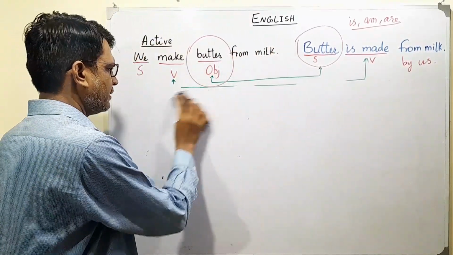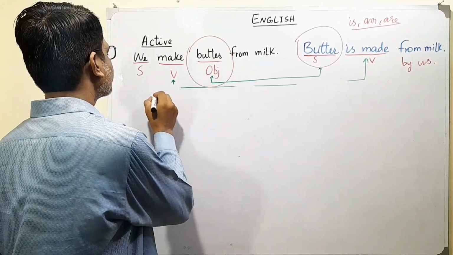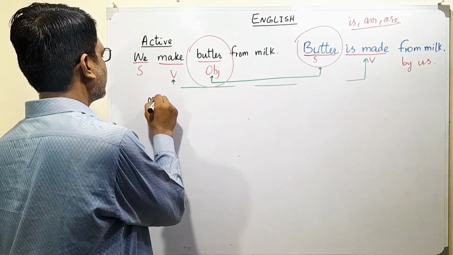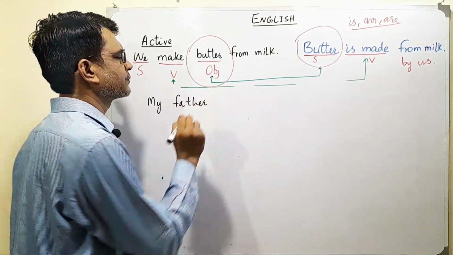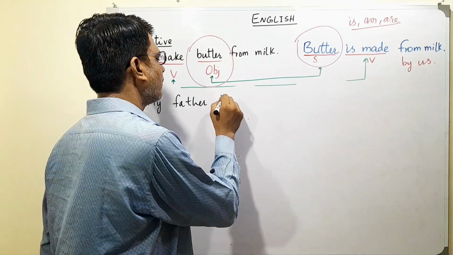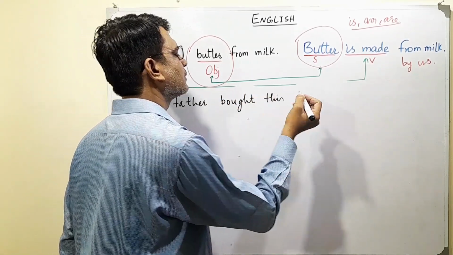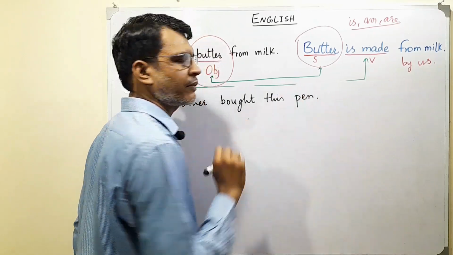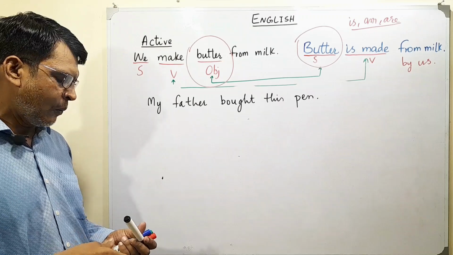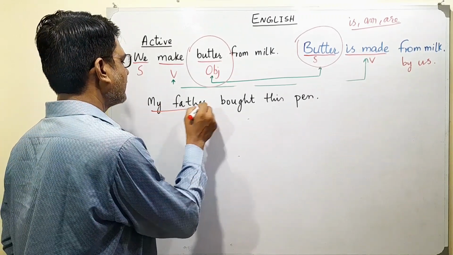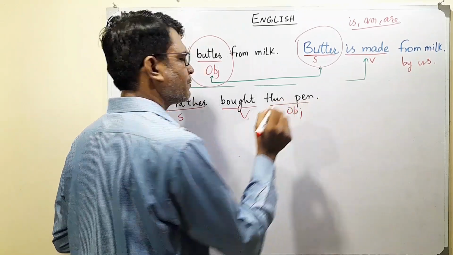Passive structure is used in sentences like, for example, you say that my father bought this pen. Okay, my father bought this pen. Now, identify subject, identify verb, identify object.